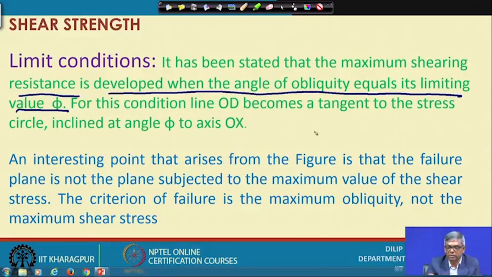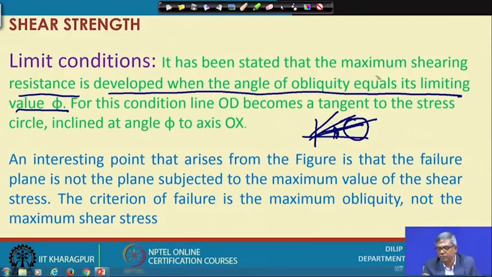Initially the circle has different angles, then this angle, then this angle, like that. When it becomes tangential to this line, that is the limiting condition, and then alpha becomes phi, the angle of obliquity alpha f equals phi.